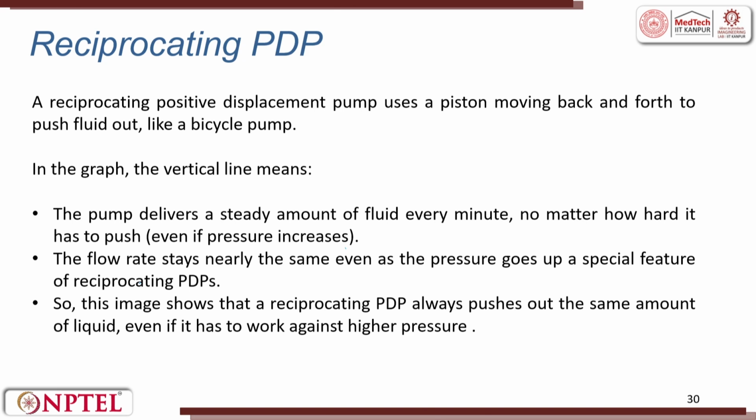The flow rate stays nearly the same even as the pressure goes up, a special feature of the reciprocating pump. So, this image, which we have shown in the previous slide, shows the reciprocating pump always pushes out the same amount of liquid, even if it has to work against higher pressure.